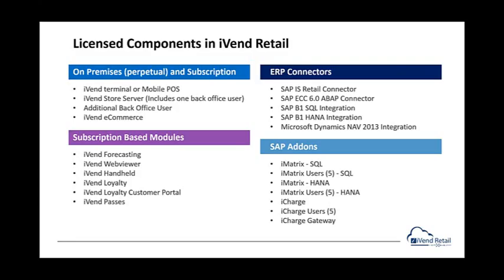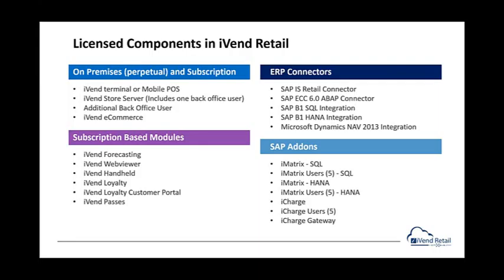So that's a great, should I say, benefit that we're extending to the retailers by allowing point of sale licenses to be absolutely interchangeable. There is another licensed component, iVend Store Server, which includes one back office user license.